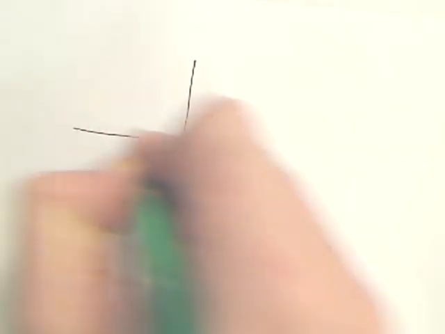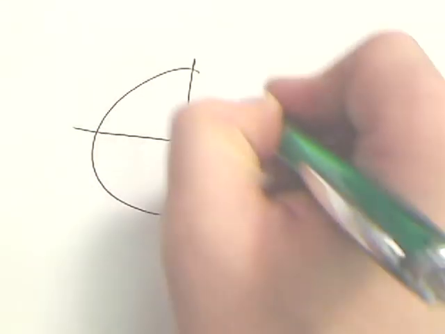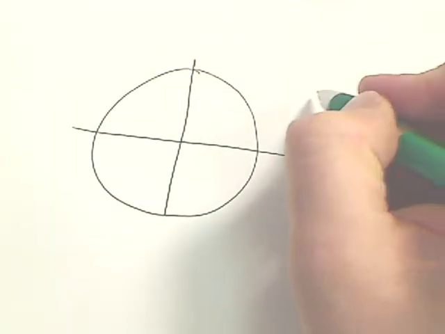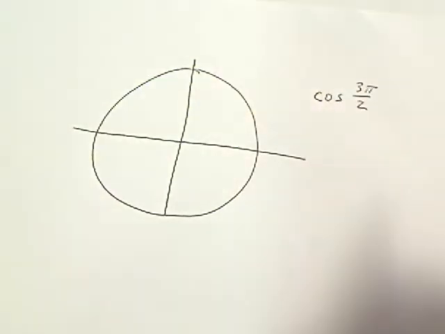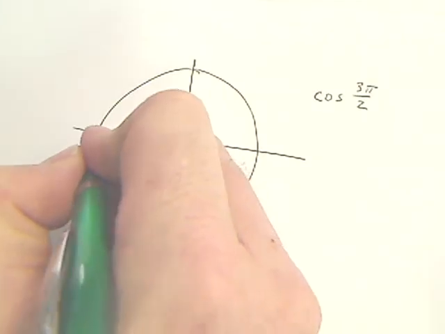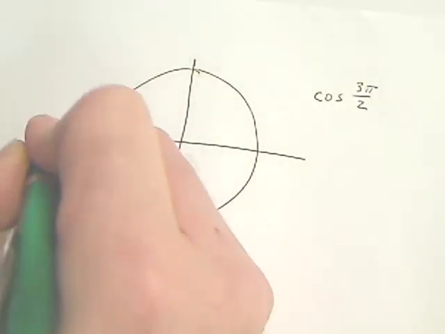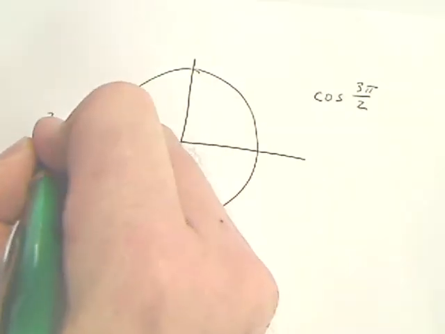Let's do one that's not a special right triangle, just to recall. For example, let's say I asked for cosine of 3 pi over 2. I recommend changing pi, which is straight left over here, to this denominator, in this case 2 over 2.